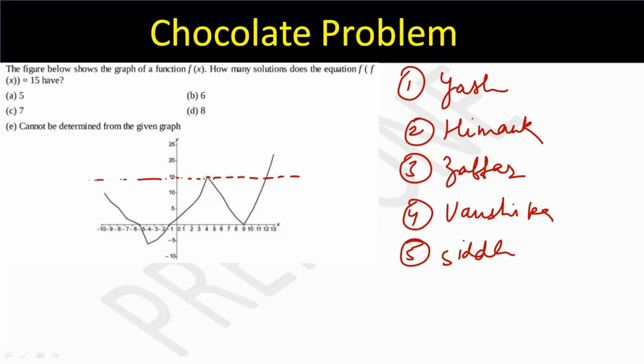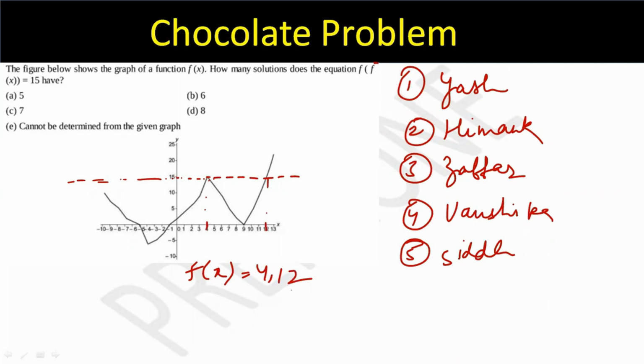So for f of f x to be 15, f x has to be either 4 or 12, right? Because you can assume f x to be t, then f of t is 15, then by the graph you can say that t has to be either 4 or 12.